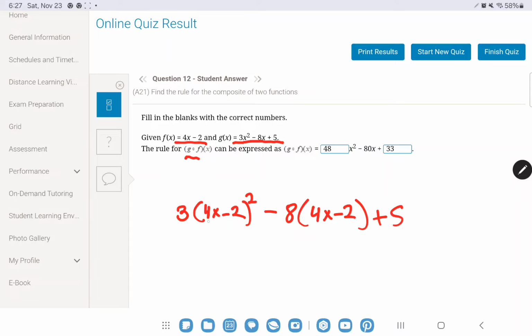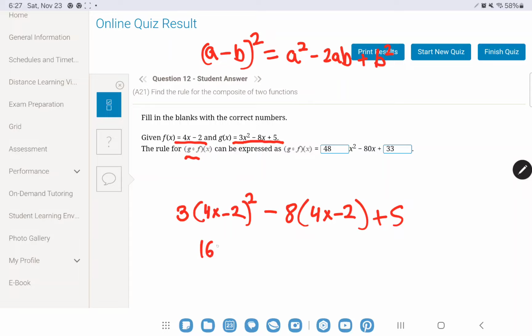So now we solve (4x minus 2) squared first. By the way, (a minus b) squared equals a squared minus 2ab plus b squared, if you forgot.